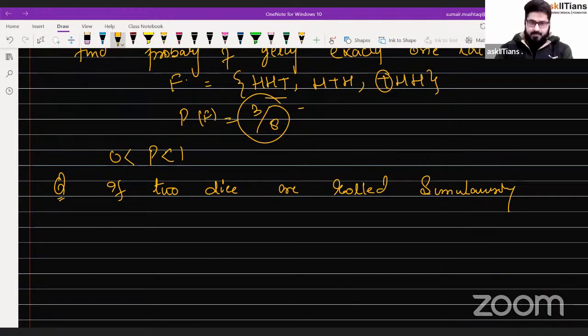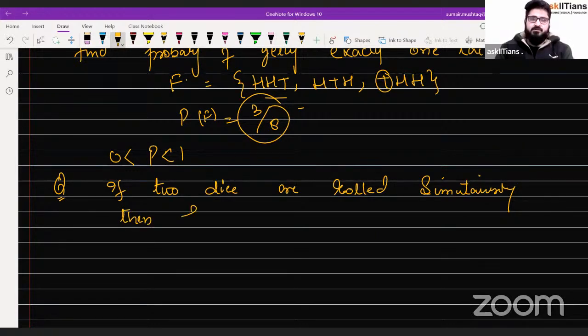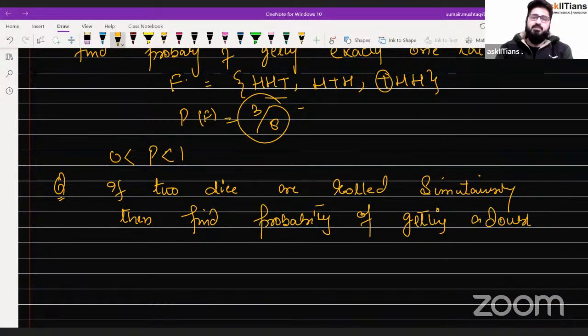Simultaneously means at the same time. Then find the probability of getting a doublet.